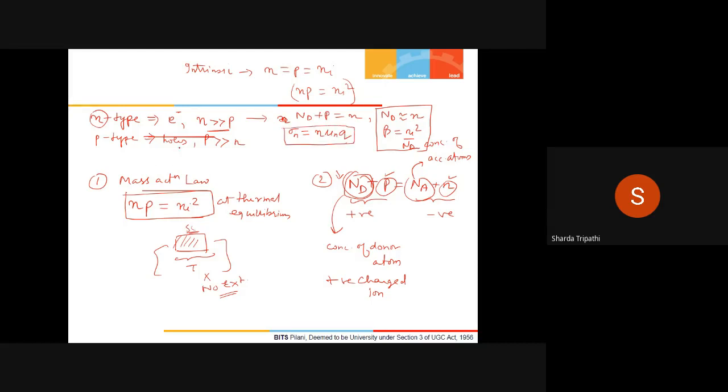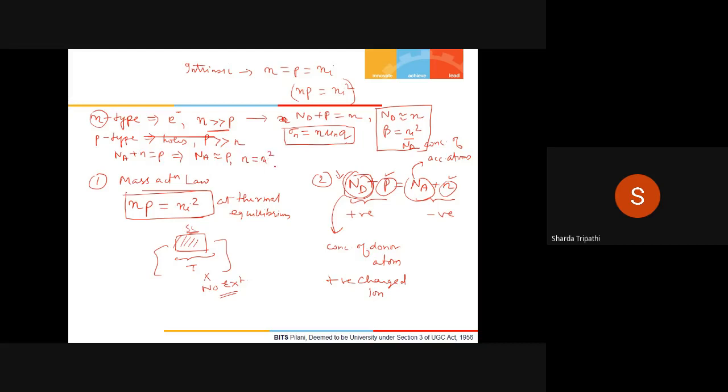Similarly, for the case of P type, in the P type, we do not have Nd component because P type is formed by the concentration of acceptor type of atoms. So for P type, the equation will be Na plus N is equal to P. And again, we know that here P is much greater than N. That means I can simply say that Na is approximately same as P. And in this case, if I want to find out small n, howsoever small it may be, I can again use this formula.